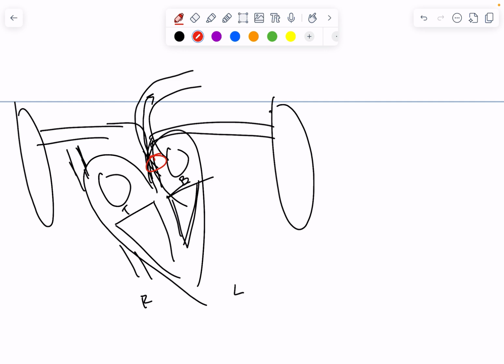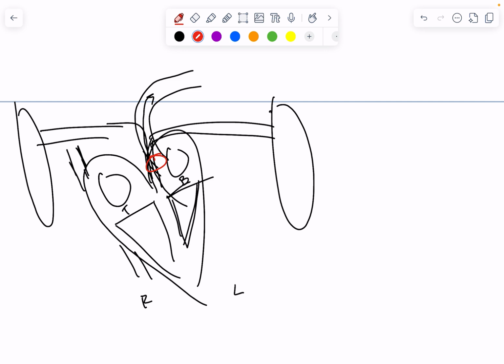It's going to have these 3 flaps like this. And then we are also going to have a semilunar valve that is part of our return, coming from these pulmonary veins. So we're going to have two semilunar valves, and then we're going to have our tricuspid valve here and our bicuspid valve here.